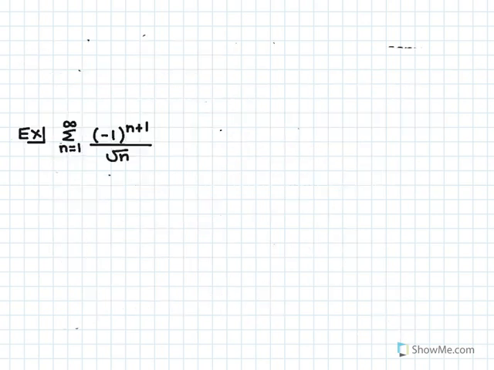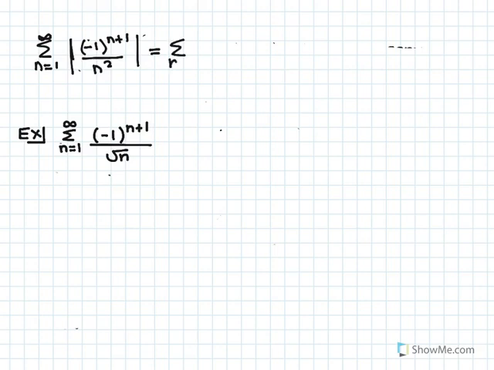So what we have shown is the summation from n equals 1 to infinity of the absolute value of negative 1 to the power of n plus 1 divided by n squared is equal to the summation from n equals 1 to infinity of 1 over n squared.